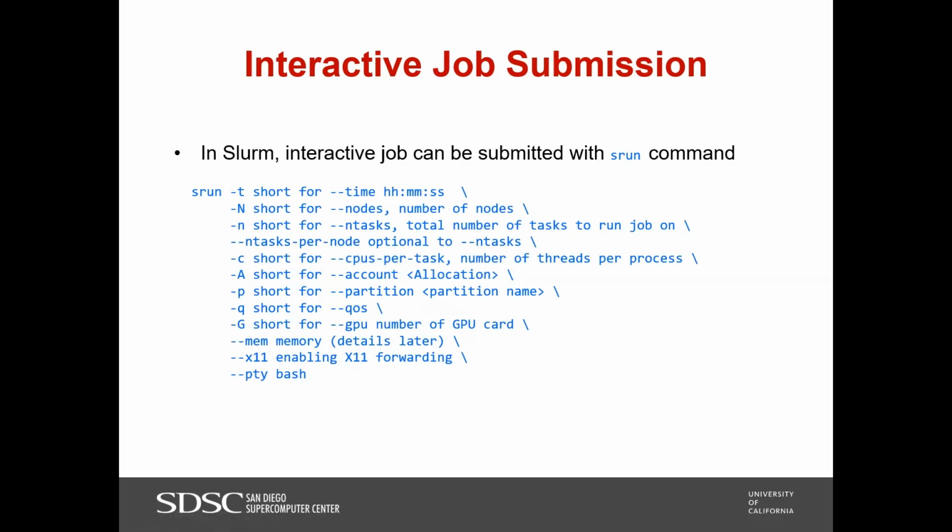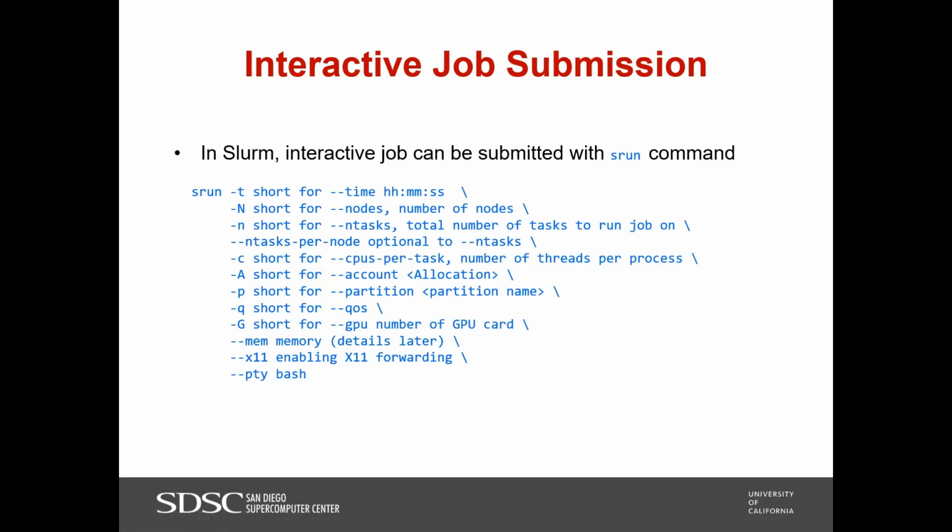If you are submitting multi-threading jobs, you can choose -c instead, which is short for CPUs per task, asking for some number of threads per process to use. Of course, you can mix the -n and the -c to get a hybrid job.